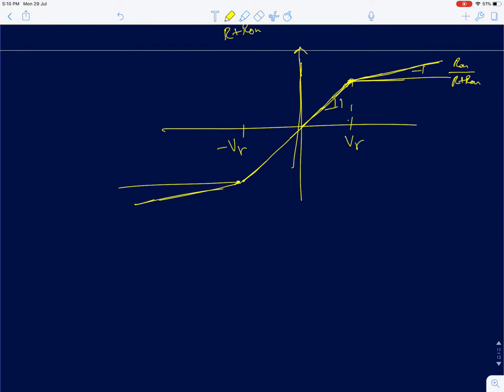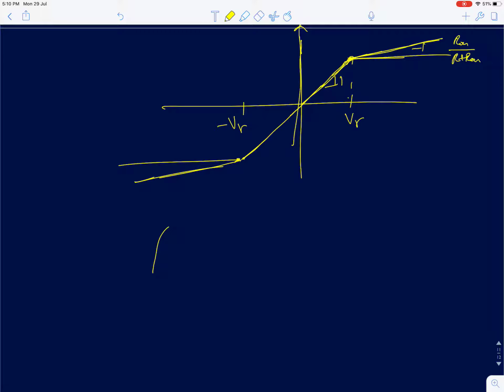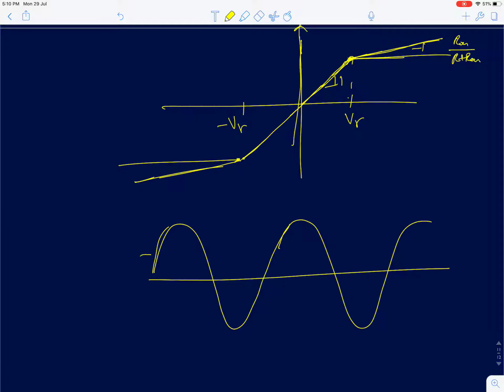Which is why, when you fed a sine wave to this circuit, in this range the input and output followed each other. Now in this range, when your input is greater than V gamma, the gain has become very small. So even though the sine wave is changing significantly here, you will actually get a small replicated version with a small gain.